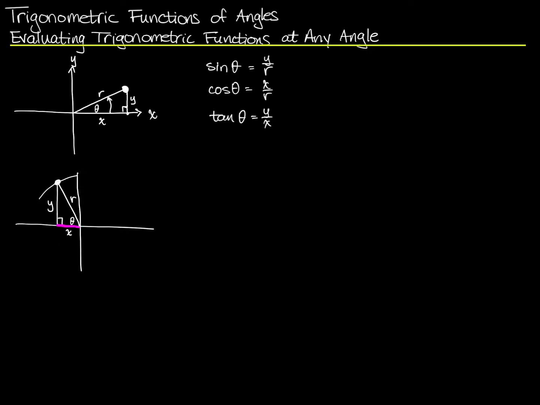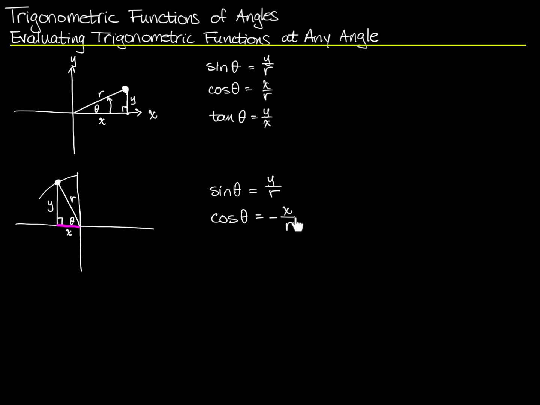So the sine of theta in this case is going to be opposite over hypotenuse, which is y, a positive value, over r. The cosine is going to be the adjacent over the hypotenuse. Well, that's x over r, but it's negative, right?